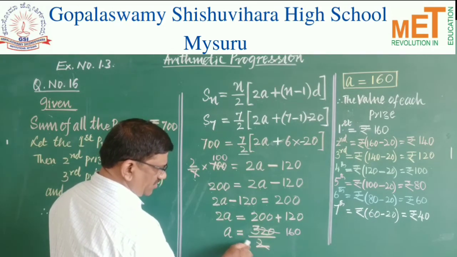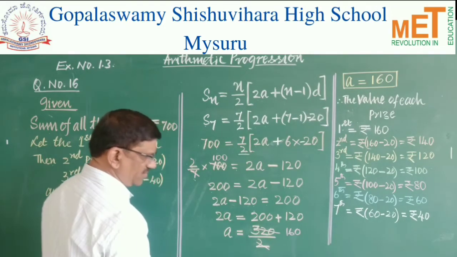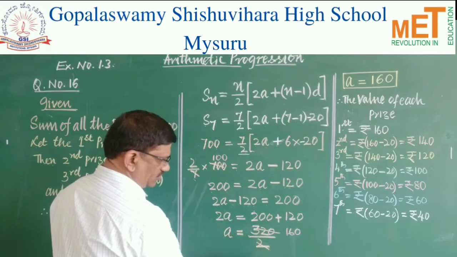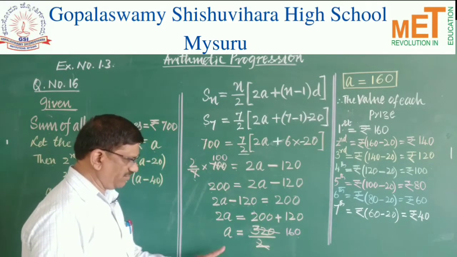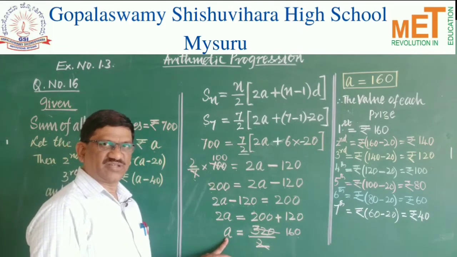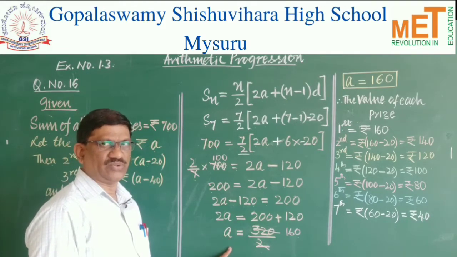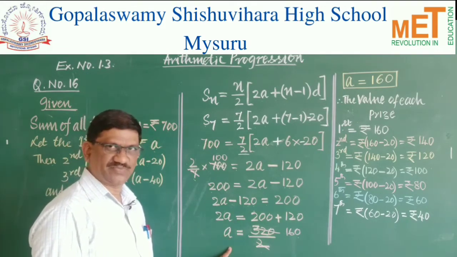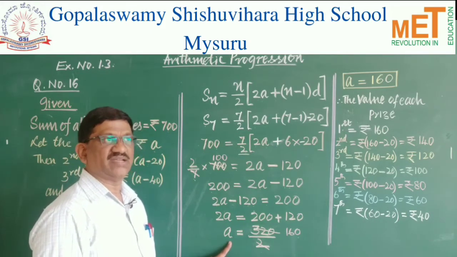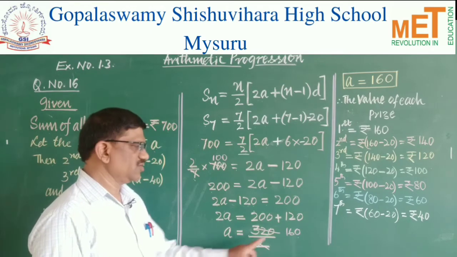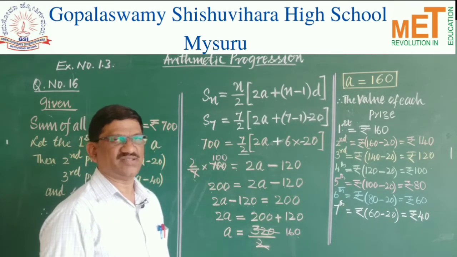320 divided by 2 gives 160. That means the first term, that is A, is equal to 160. That means the cost of the first prize is rupees 160.